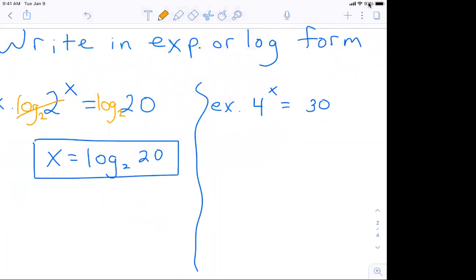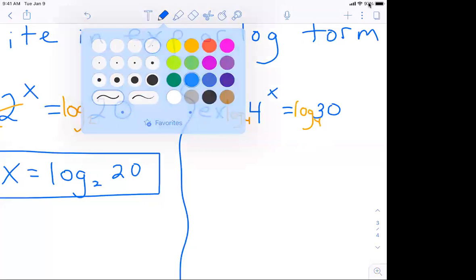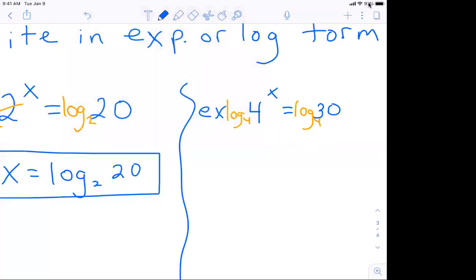So that means we are taking log base 4 of both sides. So was your question, what if these were different logs on both sides? Let me finish this one. If I had log base 4 of 4, those would cancel and I would get x equals log base 4 of 30.